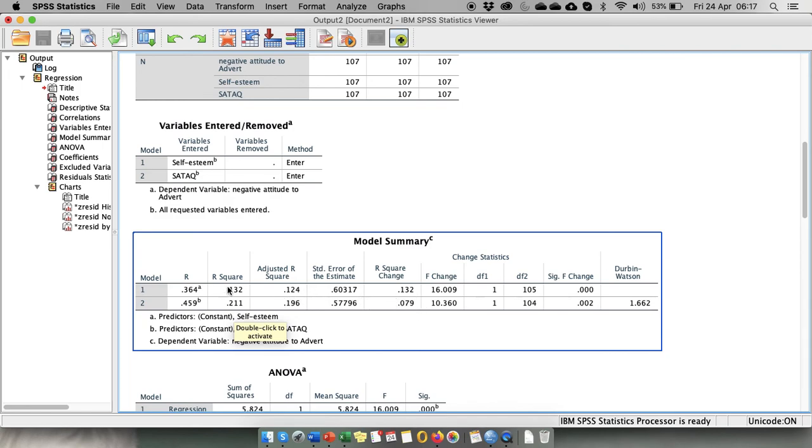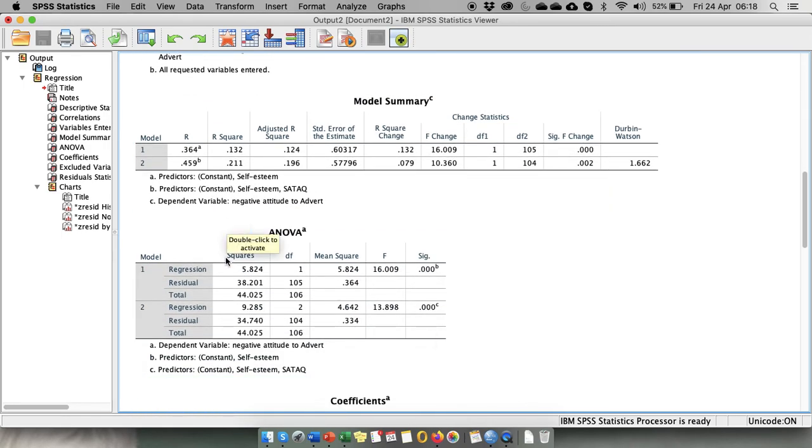So you see self-esteem, because it was the first one in the model, secured its variance, but this R squared change gives us the value that media pressure explains an additional 7.9% of variance in negative attitude towards adverts, and we can see that it was significant.